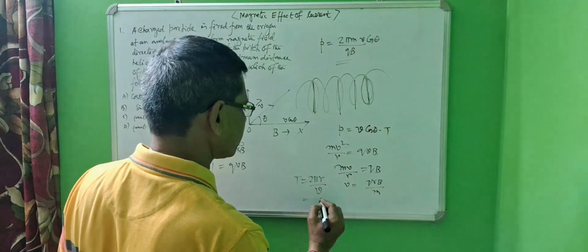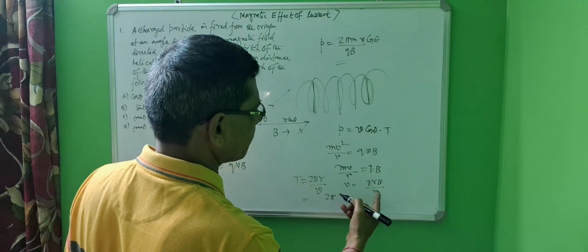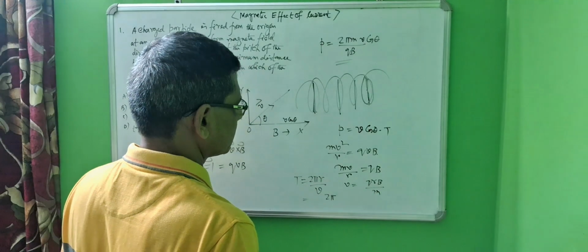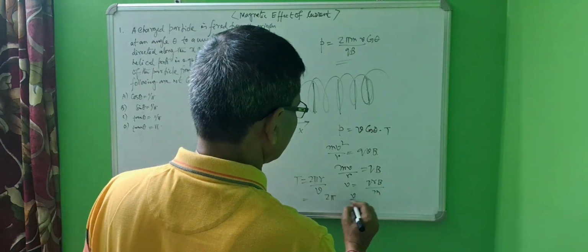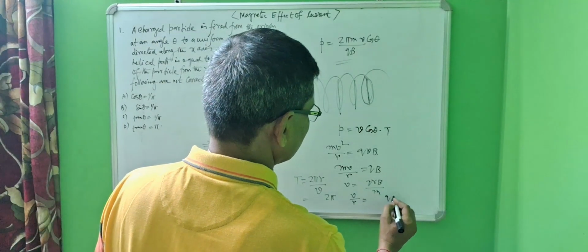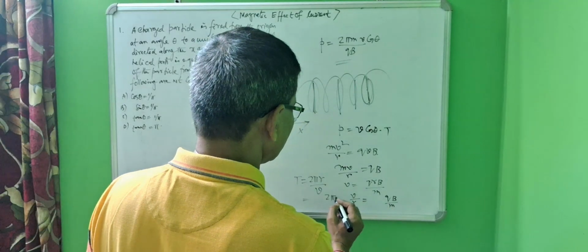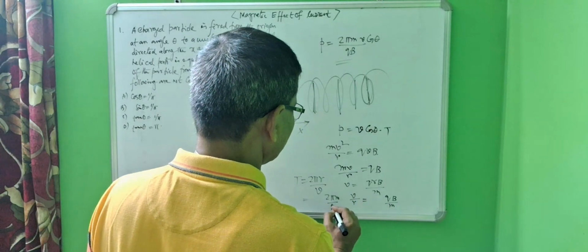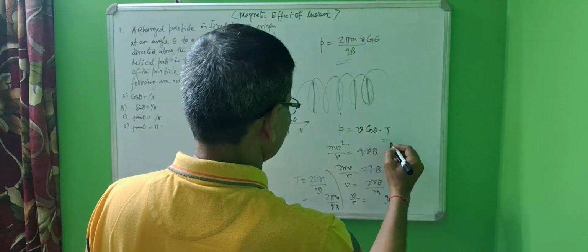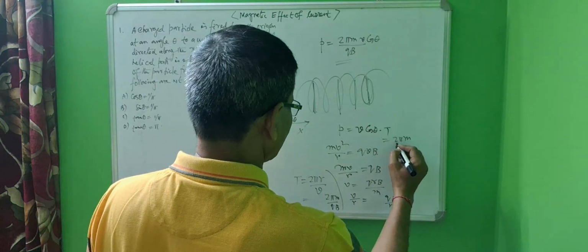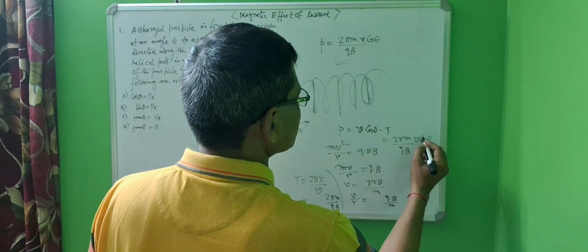In this way you get twice pi R by V. So V by R equals to QB by M, so R by V equals to M by QB. Put here, we get twice pi M by QB into V cos theta.